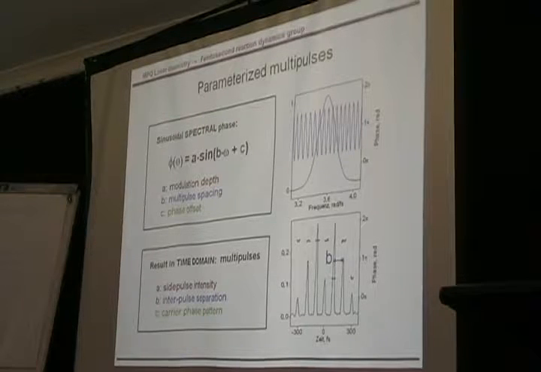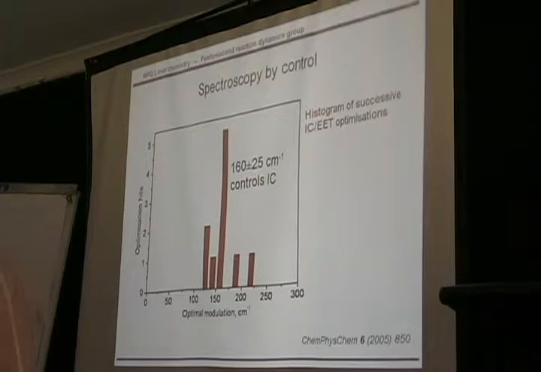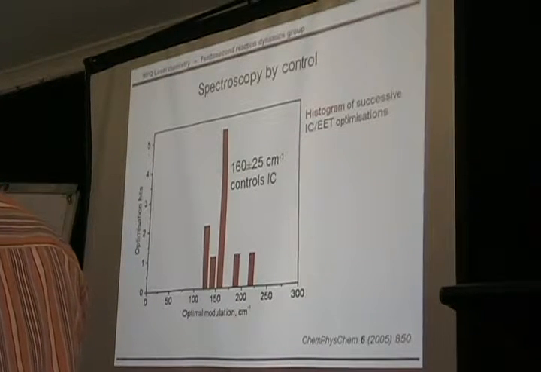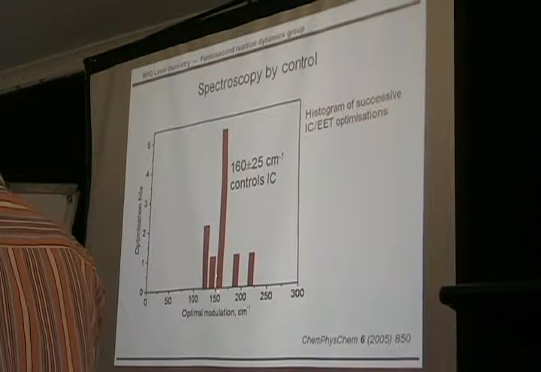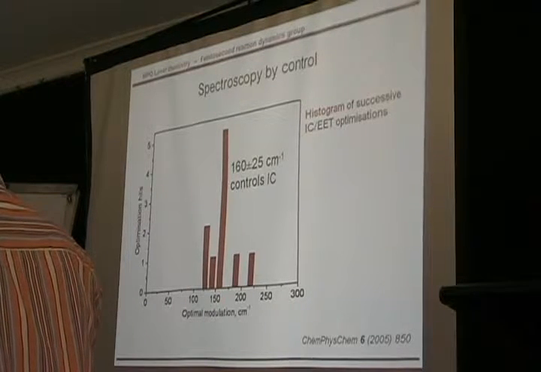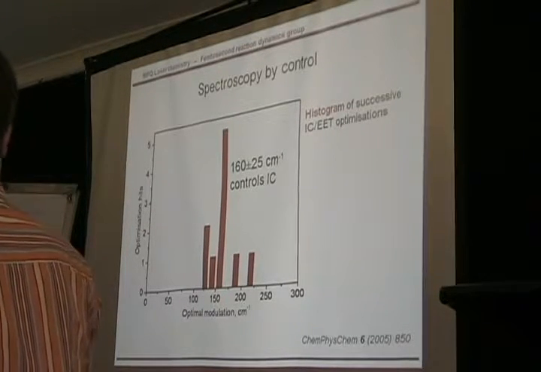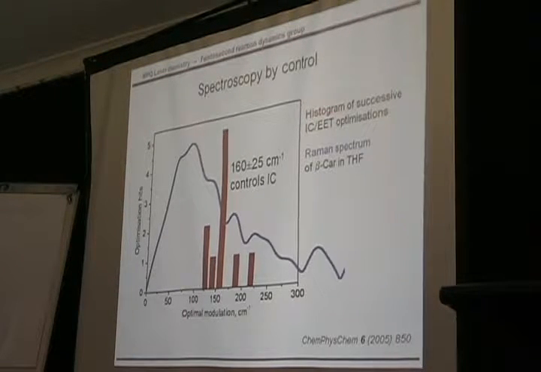We can now again look at what is the achievement of these multipulses, and now we get a rather clean picture. This is a histogram of successive optimizations. We see that most of them hit a modulation parameter B that is around 160 wave numbers. If you compare this to a Raman spectrum of beta-carotene, which is not the same thing, but it's comparable, you will see that yes, there are vibrational modes of the carotenoid in this region, and this is the important difference.